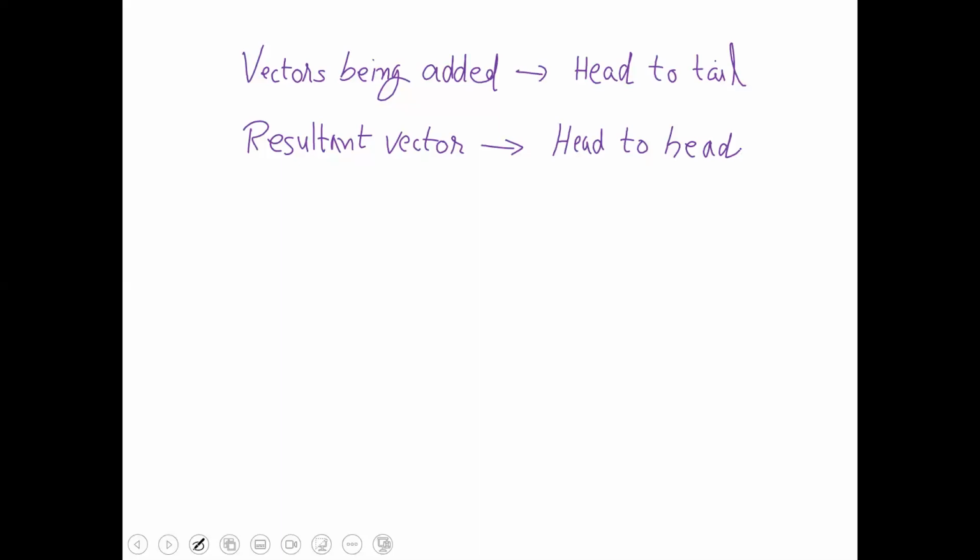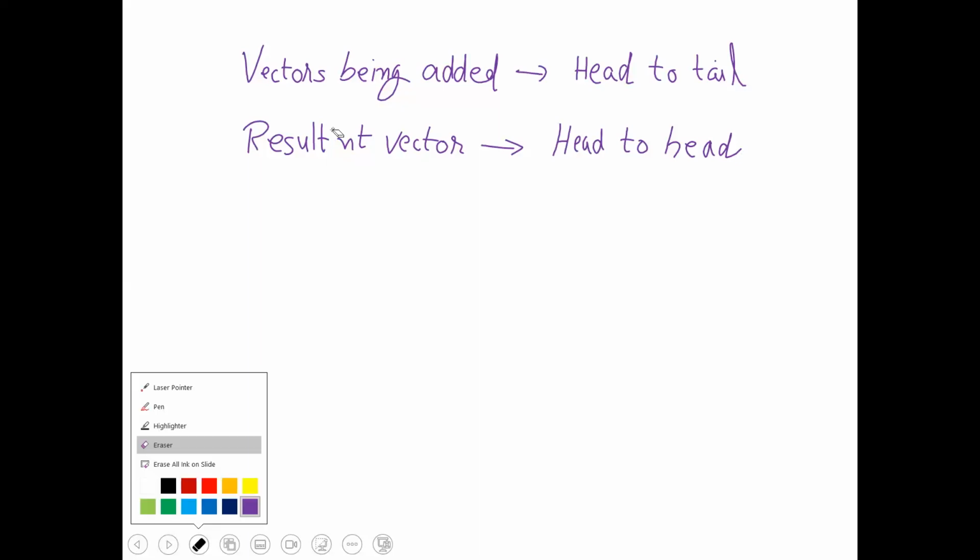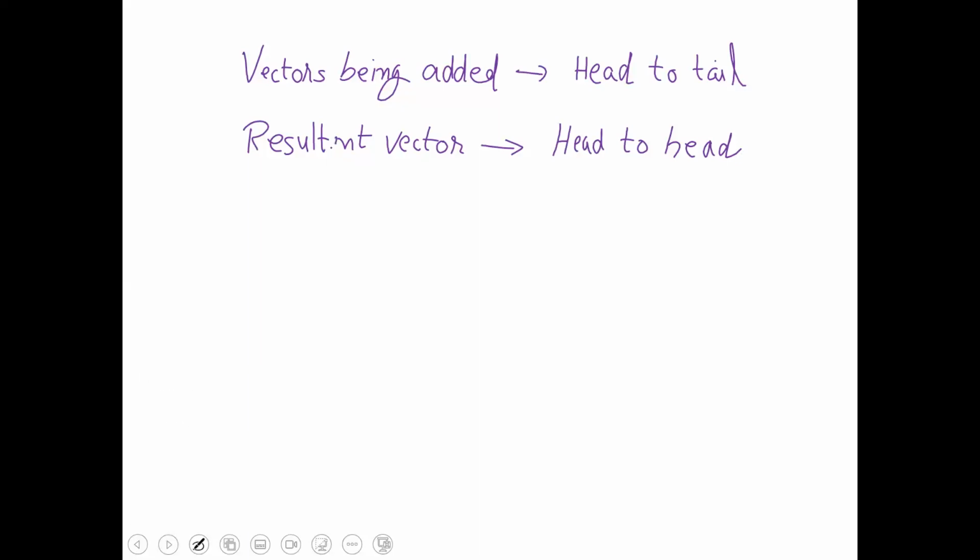This was something we used to identify the resultant vector in O-level maths and O-level physics. So now you have to copy this screen.